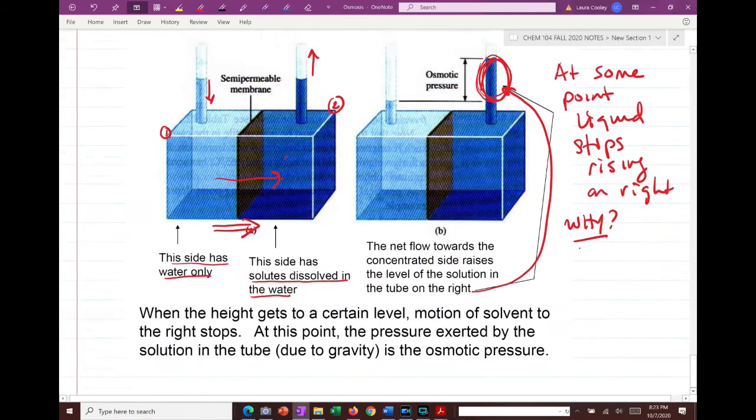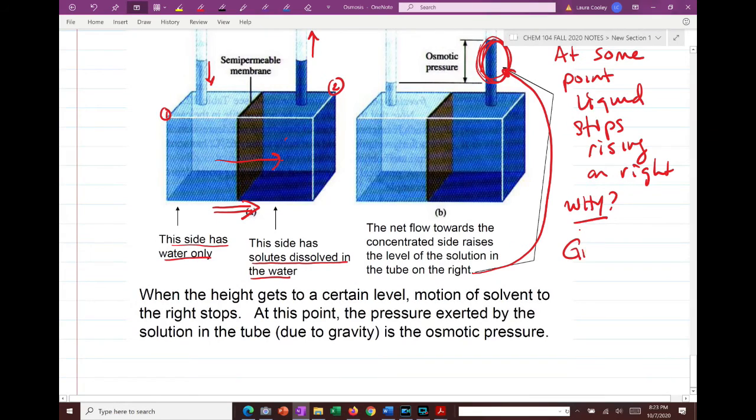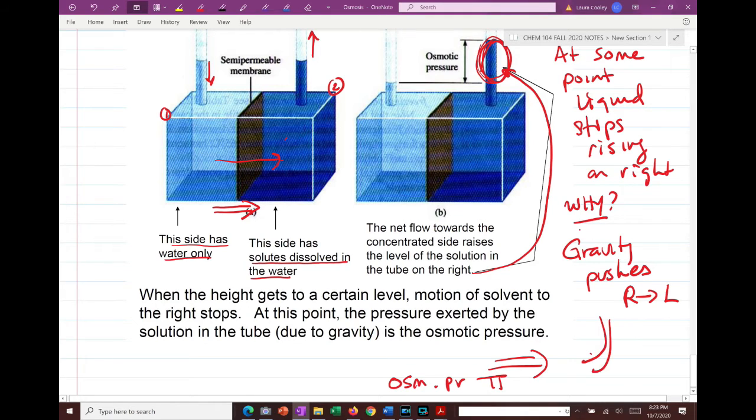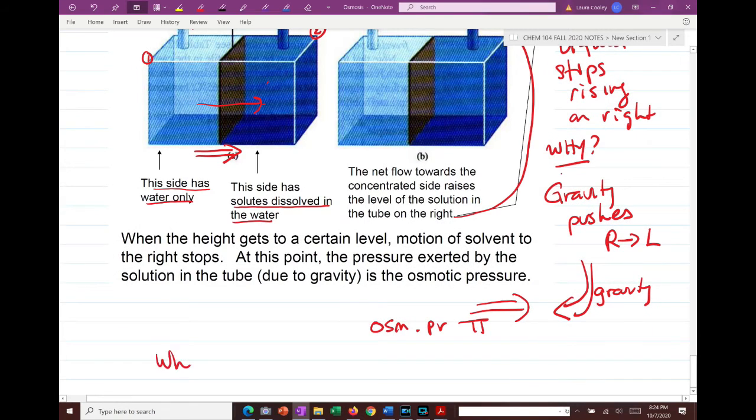So we have gravity pushing from right to left now. And we have the osmotic pressure pushing from left to right. That's the pi, that's the osmotic pressure. But then gravity is pushing the other way. And when these equalize, then the flow stops.